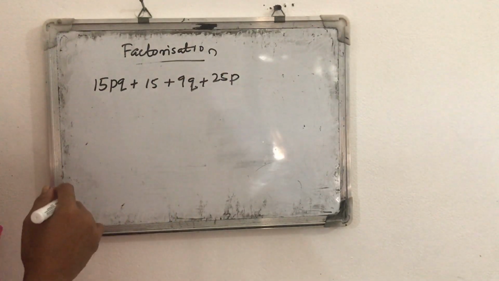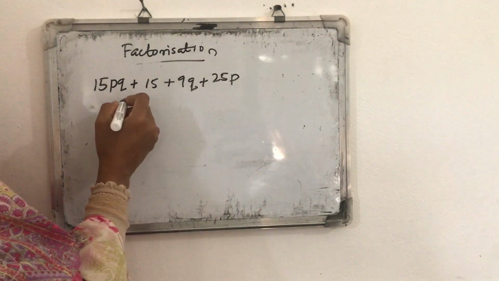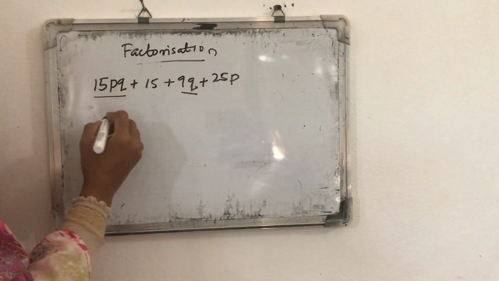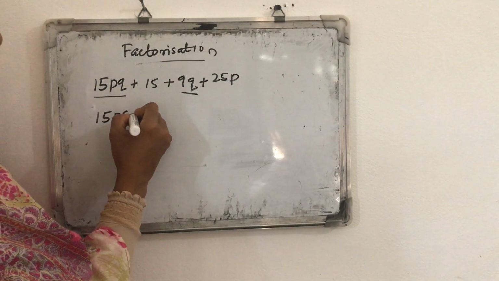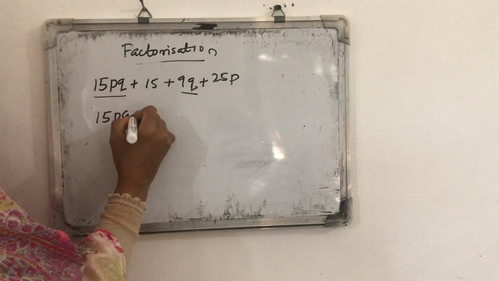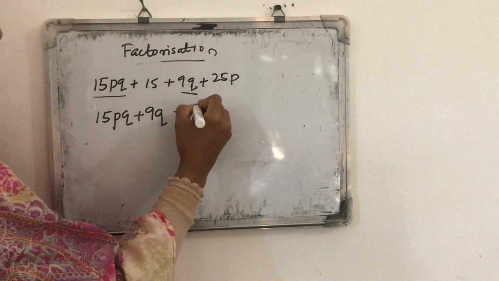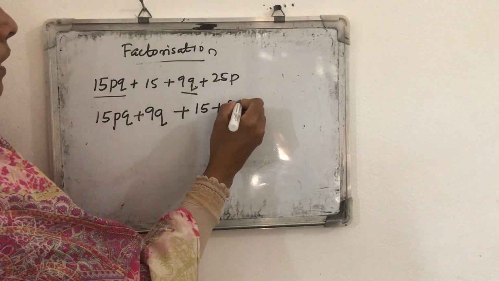Now if you regroup like this, 15pq and 9q we want to take together. Then only it will be regrouping by finding common factors. Now we take the second term, 9q, here, plus the third term, 25p.